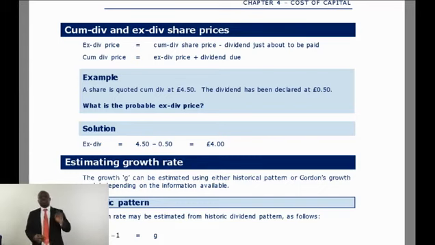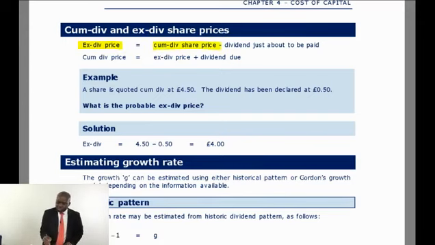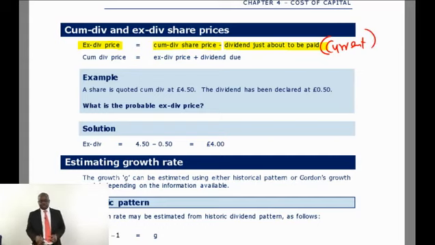So if you are given the cum div price and you want the ex div price for the cost of equity calculation, you have to convert from cum to ex. Your ex div price is the cum div share price minus the current dividend, the dividend just about to be paid.